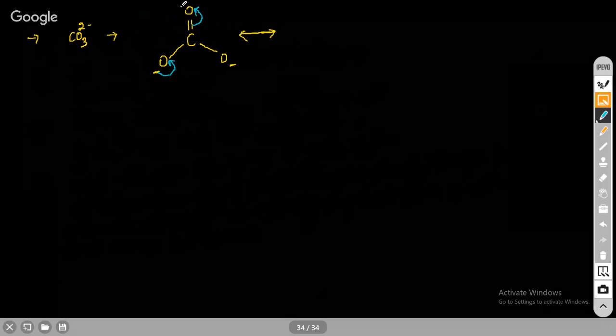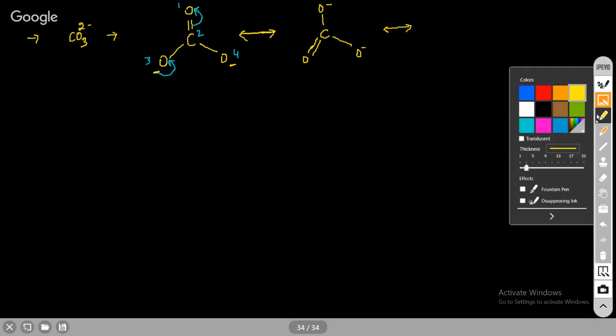Now if you're numbering this oxygen as 1, 2, 3, and 4, right? So when this electron pair comes over here, we'll get a double bond here, and this pi electron goes here, we'll get negative charge here. So the structure will be C, O minus, double bond O, single bond O minus. Another structure also we can draw.